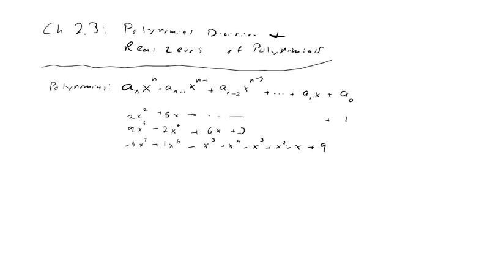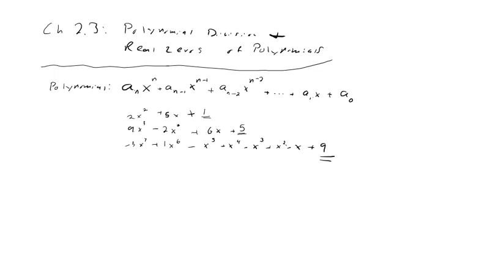All of these just follow the same pattern. They start at a certain exponent and they keep going until they hit a number on the end. All of these are polynomials.